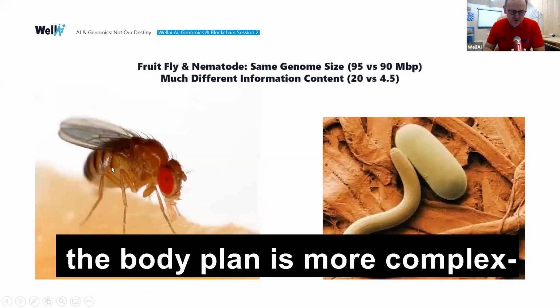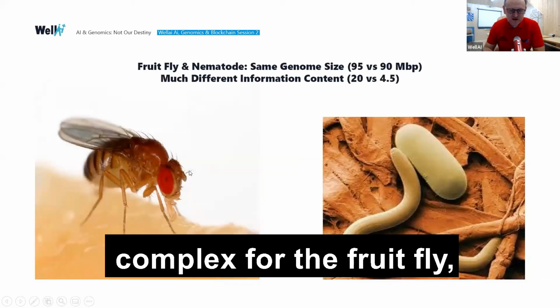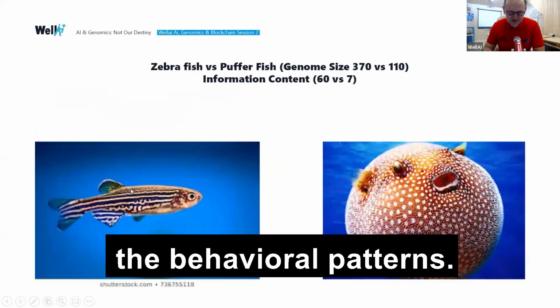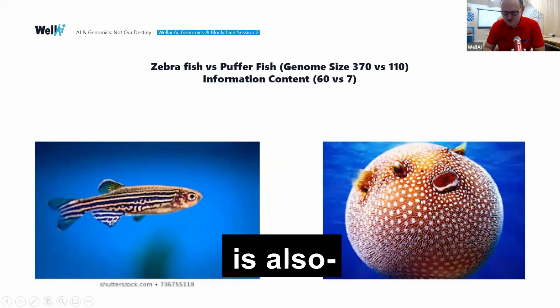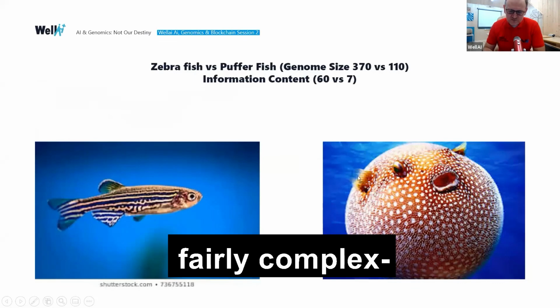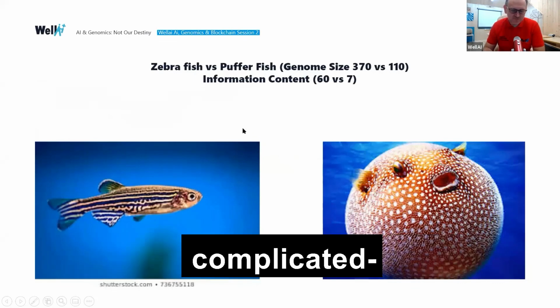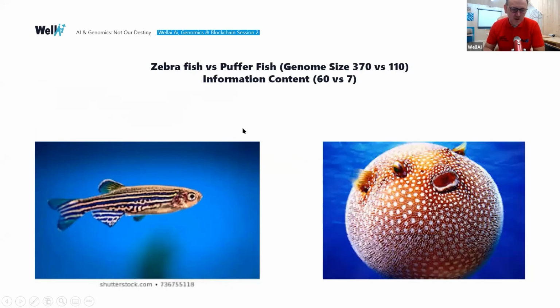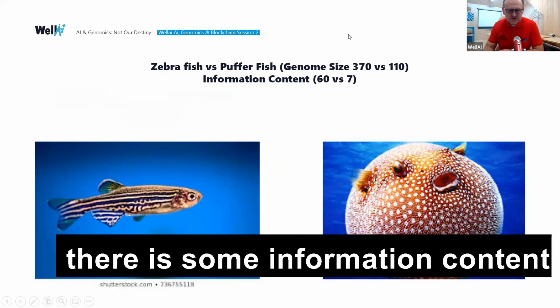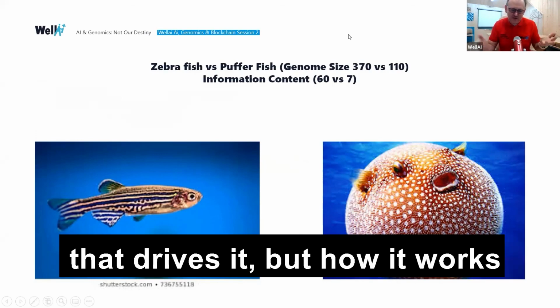The body plan is more complex for the fruit fly. But in this case, it's the behavioral patterns, right? Because I think pufferfish is also a pretty beautiful creature, fairly complex and picturesque. But zebrafish has a far more complicated lifestyle. And that's when you start looking at different species, that there is some information content that drives it, but how it works, we don't know yet.